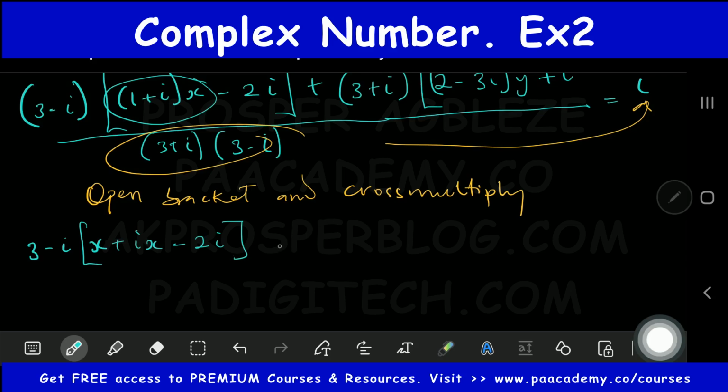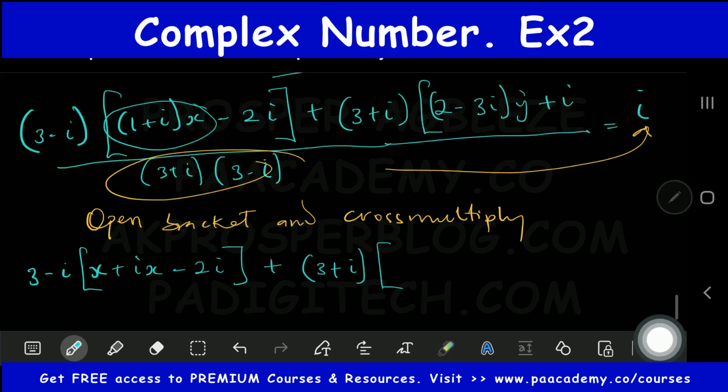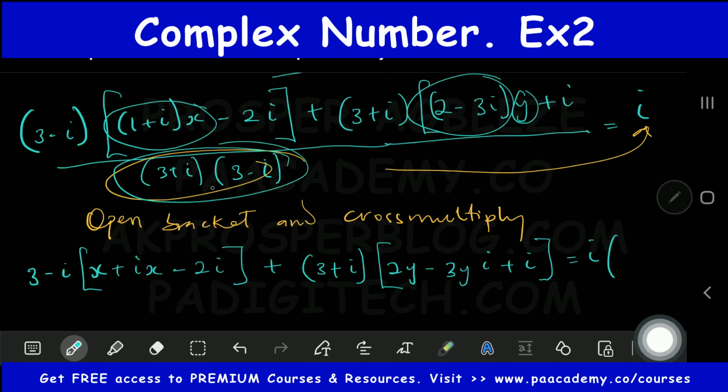So let me close that, then plus 3 plus i, then open square bracket. So if you use this y to multiply everything right here, we are going to be having 2y minus 3yi plus i, then equals to i into bracket. Right, so if you should multiply this now, we are going to be having 9 minus i squared.